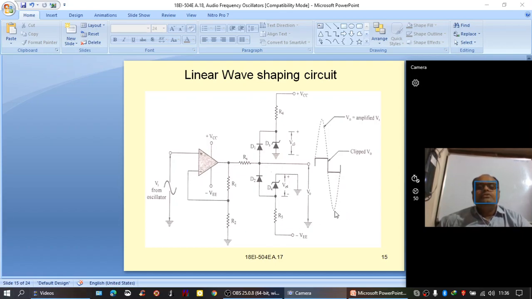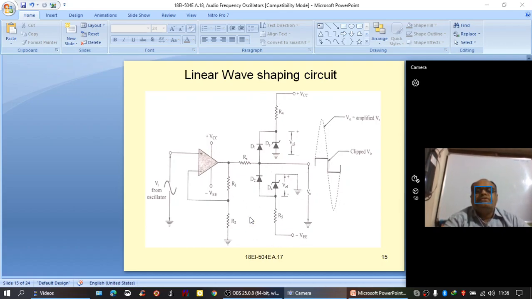In the fourth quarter of the cycle of the input signal, or in the second quarter of the negative half cycle, when the sinusoidal voltage falls below the inverting input, then the comparator once again changes its state. So at this point, the comparator is changing from low to high. That is how a sinusoidal signal is converted into a square wave signal.